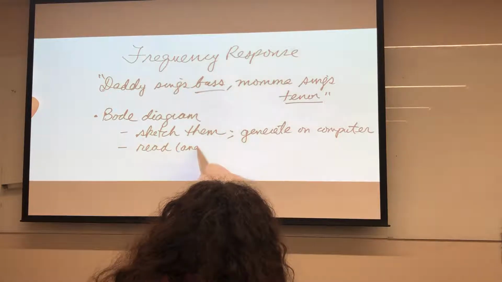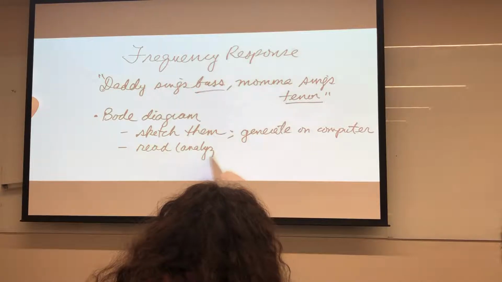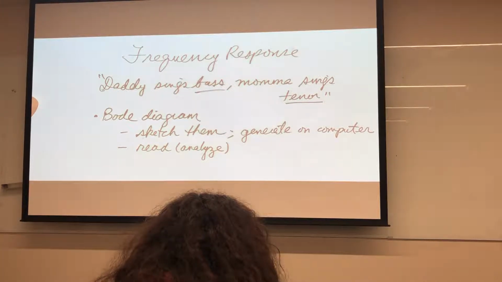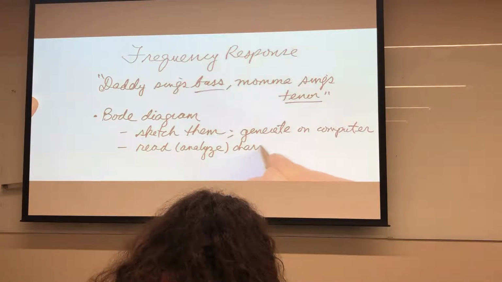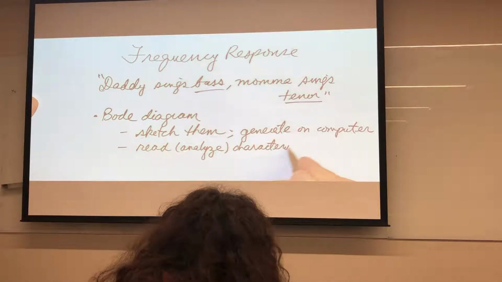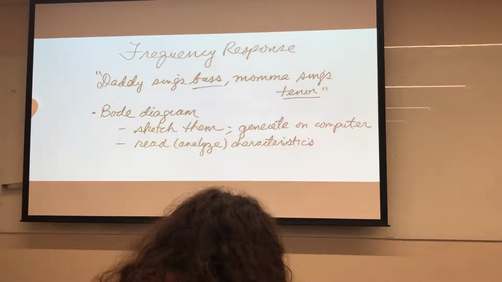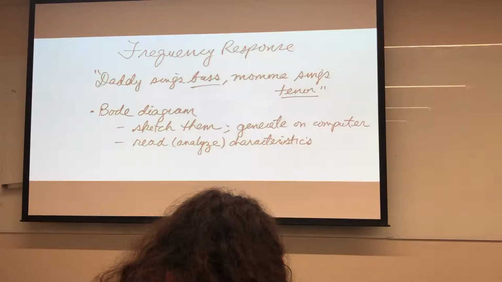When I say read, I'm saying I need to be able to look at the characteristics that we sketch and analyze them. And we'll talk about a few of them today. So these are the things initially we're going to do.